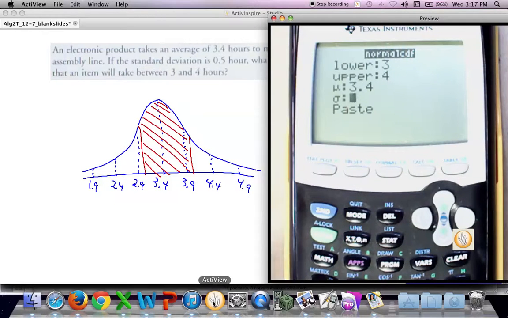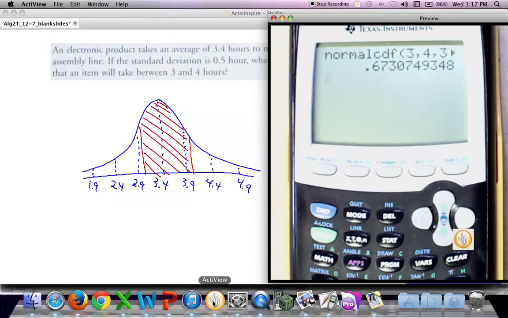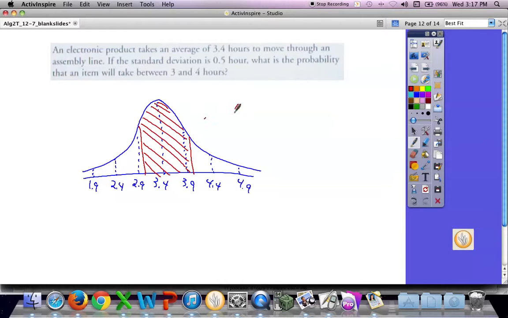And the standard deviation is 0.5. Enter, enter, and it looks like 0.67, so 67%. So 67% is in between.